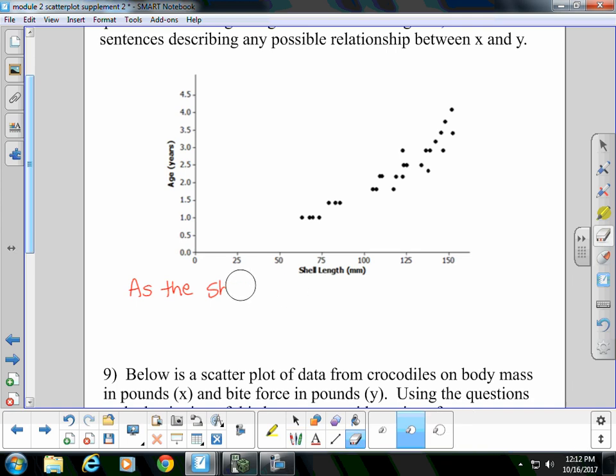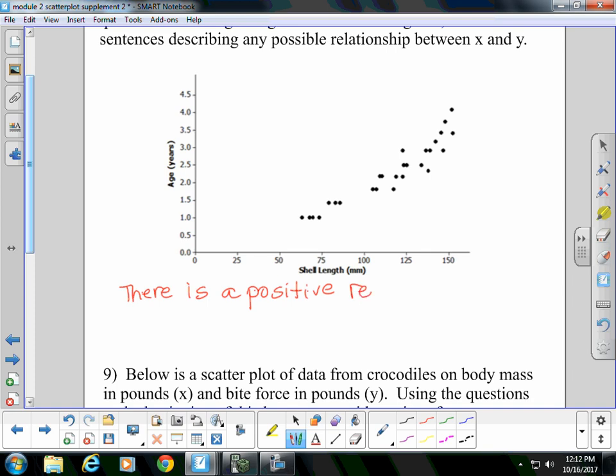Let's see, I'm going to start over. Hang on. So I'm going to start off with, first of all, it's a positive relationship. So it looks like there's a positive relationship between a lobster's age and shell length.